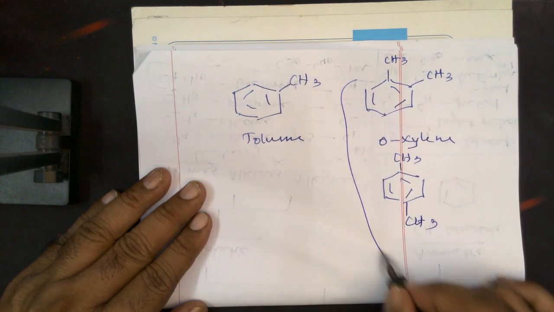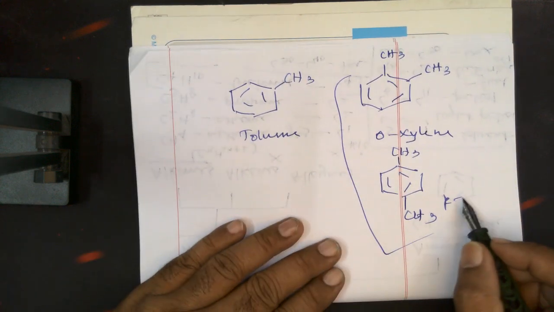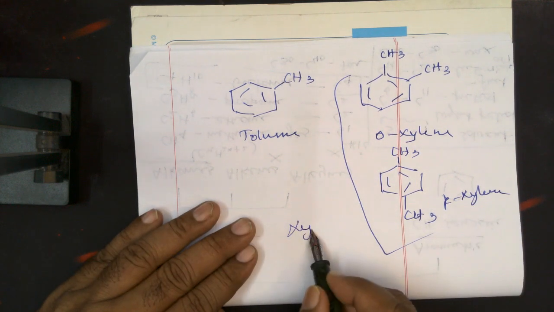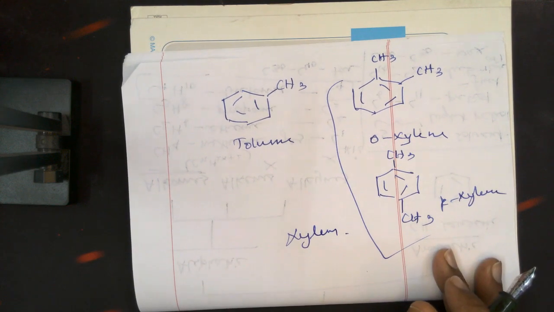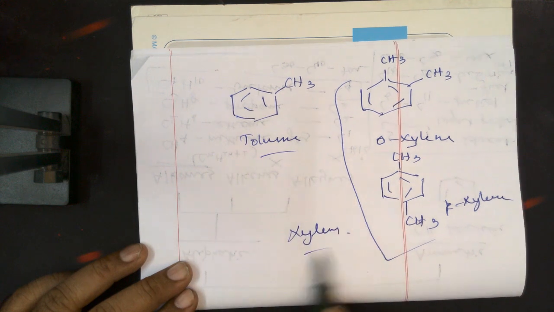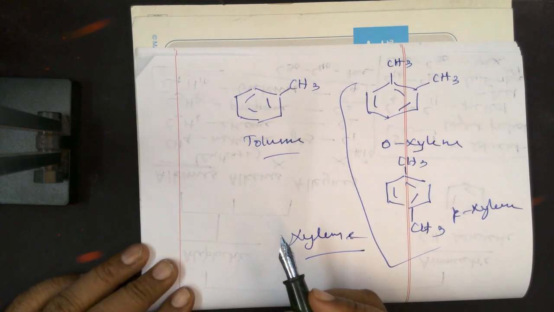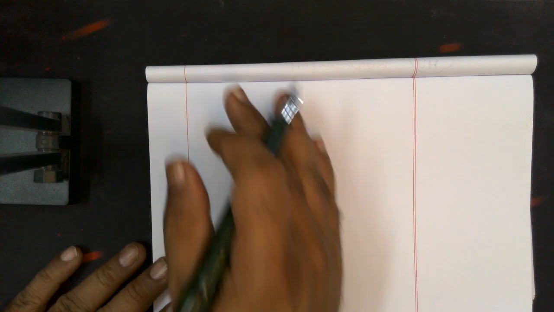Usually we have the mixture of xylenes, so the xylene mixture will contain both ortho and para. And toluene and xylenes are used as aromatic solvents in paint industries. These are the major aromatic solvents.